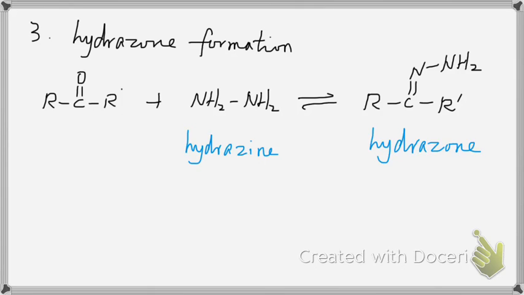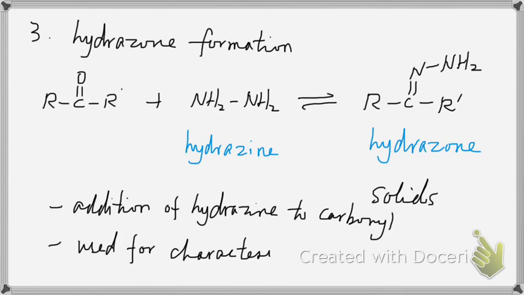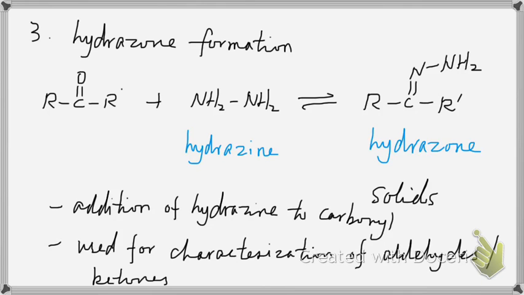Hydrazone has very special characteristics. Lots of them are solids and they are crystalline. So this reaction, an addition of hydrazine to carbonyl, is used to characterize aldehydes and ketones, because aldehydes and ketones are, in most cases, liquids.